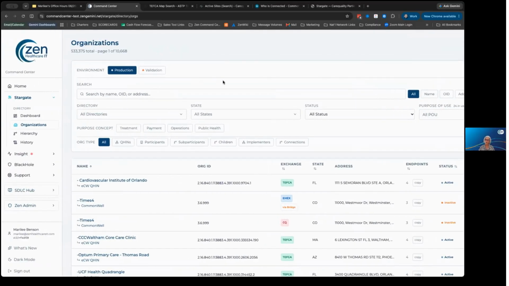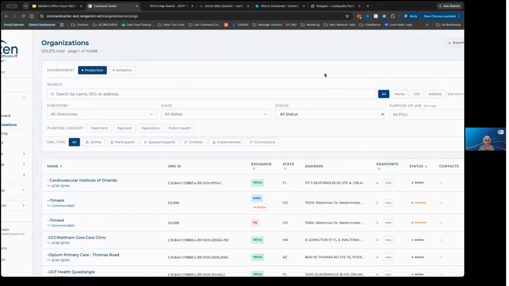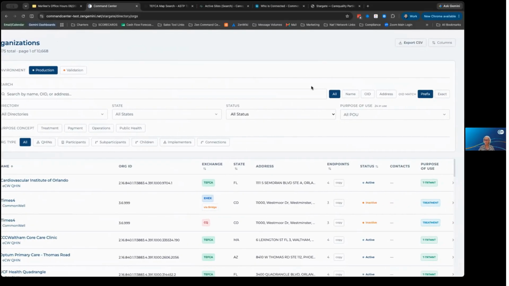When I talk about lookup capabilities, we did enable a lot of different ways to do things: by the name, by the OID, by the address, and different ways of matching, such as whether you need the exact OID or just part of the OID. We are capturing purpose of use or exchange purposes.